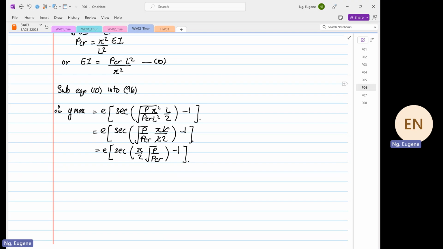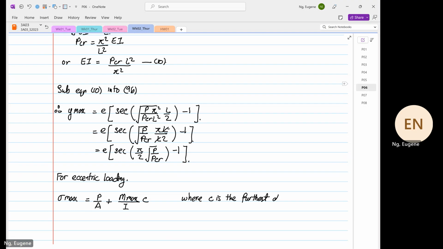So for eccentric loading, we know that the maximum stress is equal to P over A plus the maximum moment over I multiplied by C, where C is the furthest distance from the centroid.